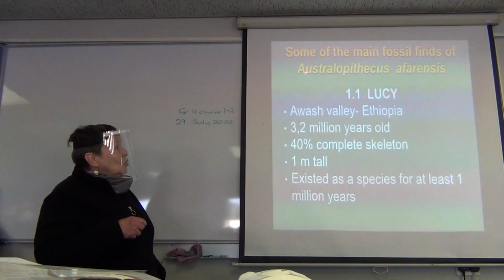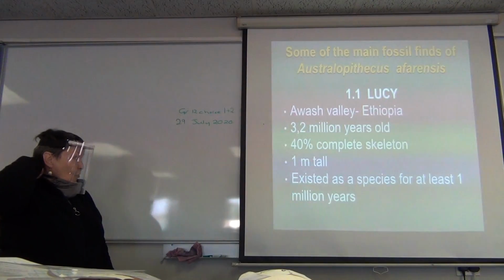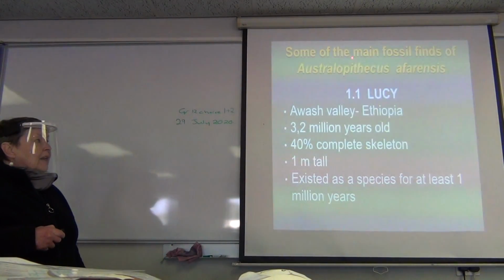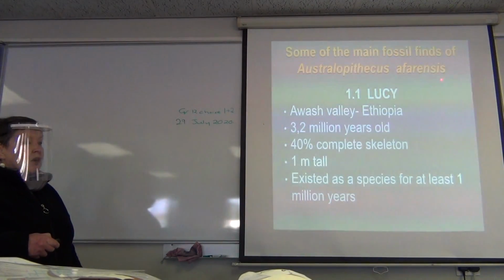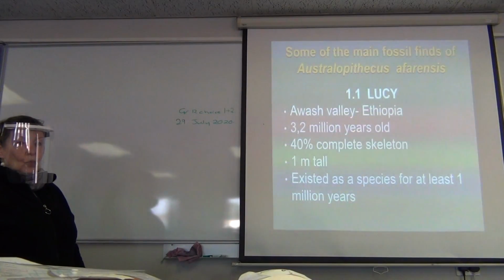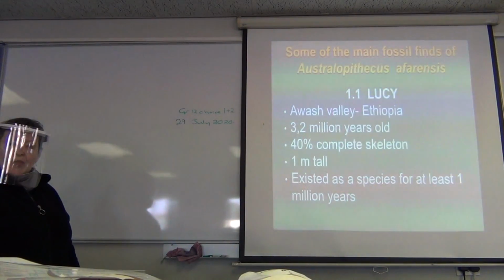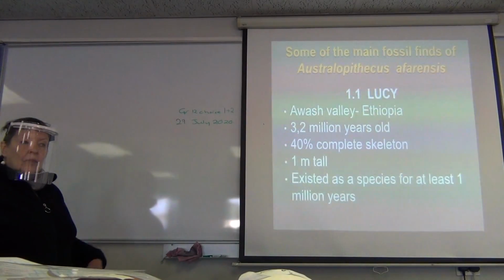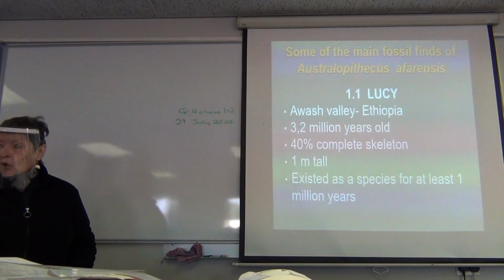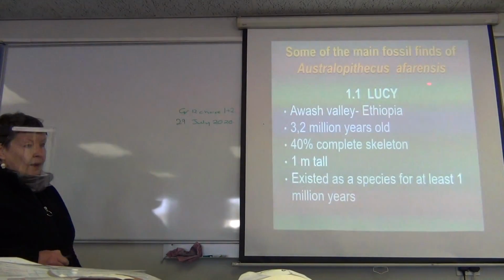Okay. So first of all, we're going to talk about Australopithecus afarensis, and the first fossil that was found is a fossil with the common name of Lucy. So very often, the very first fossil of a particular group of organisms is given a common name.